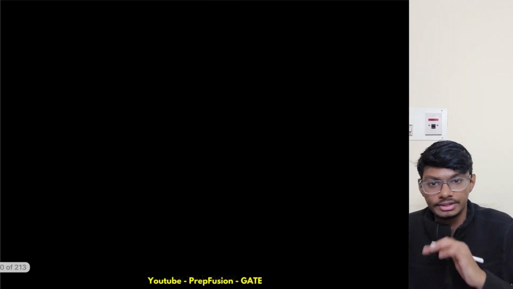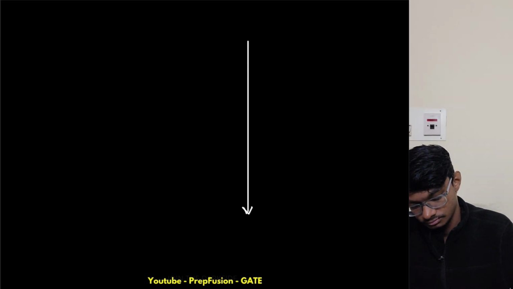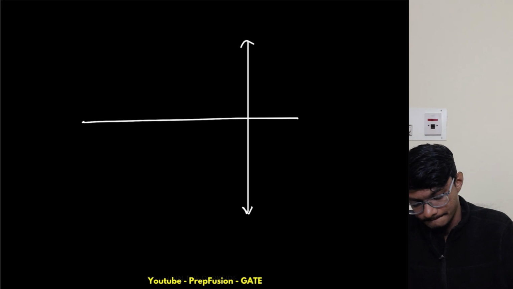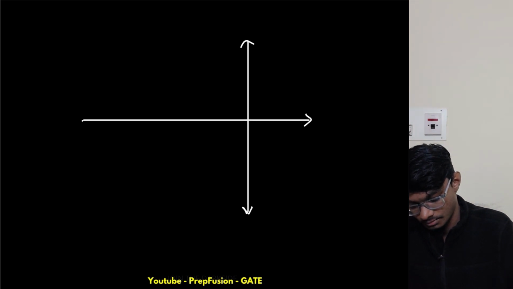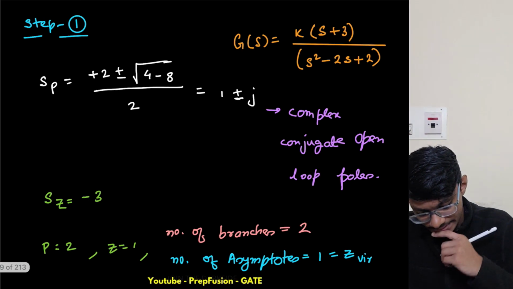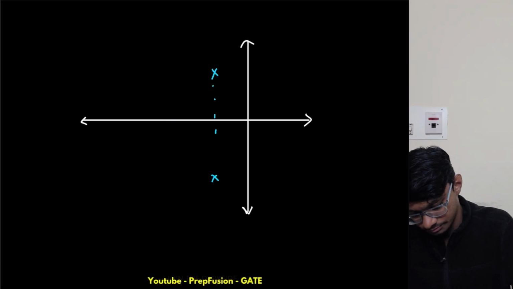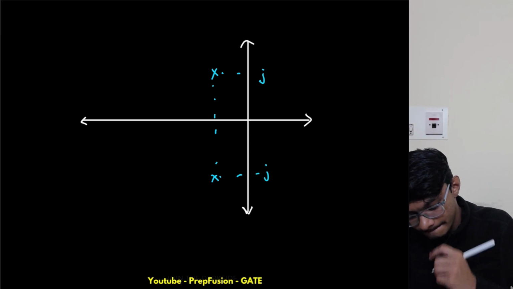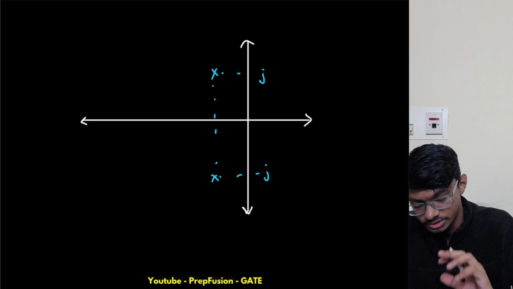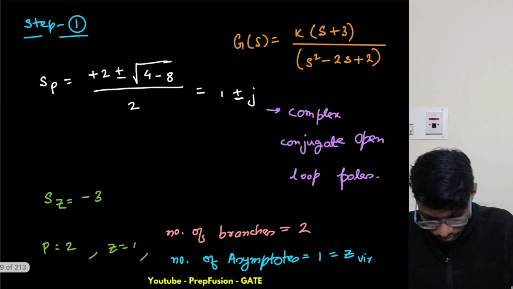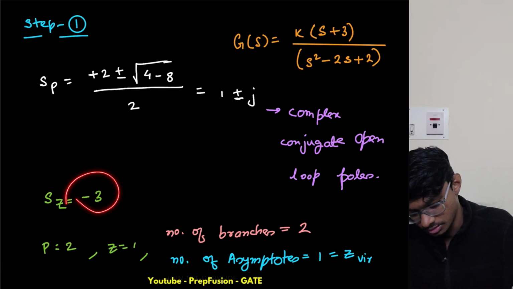Okay, let me now locate the open loop zeros and poles. I have two complex conjugate open loop poles, basically plus j and minus j, and one open loop zero at s equals -3.